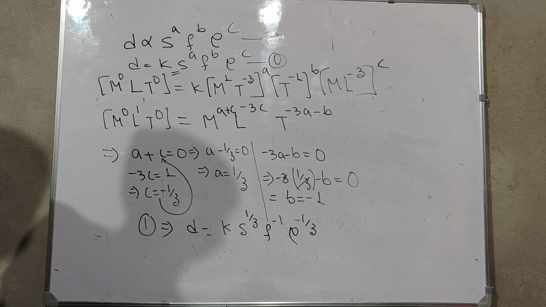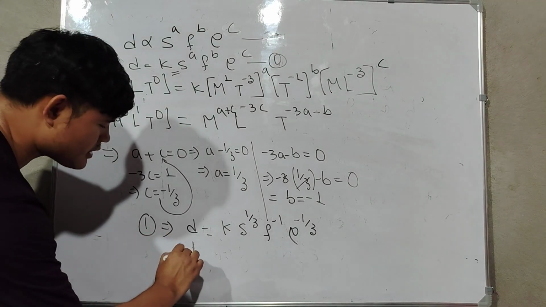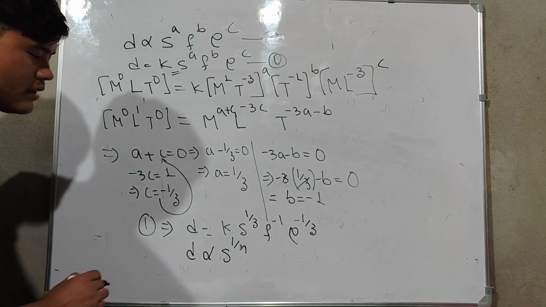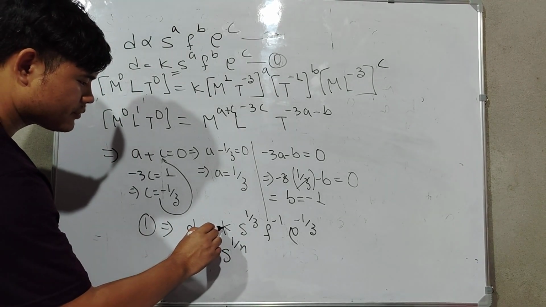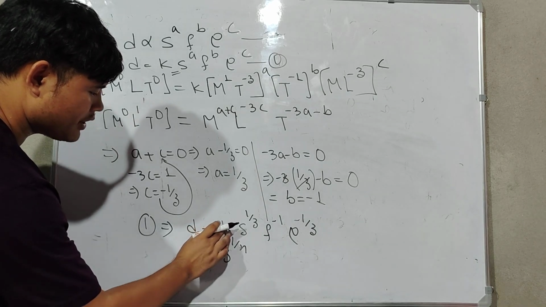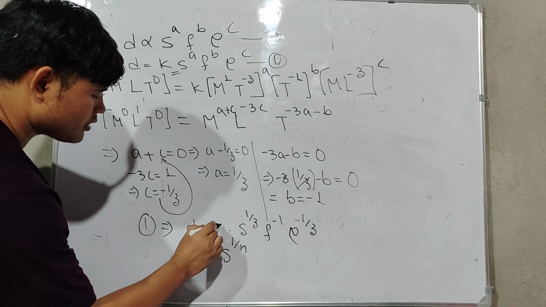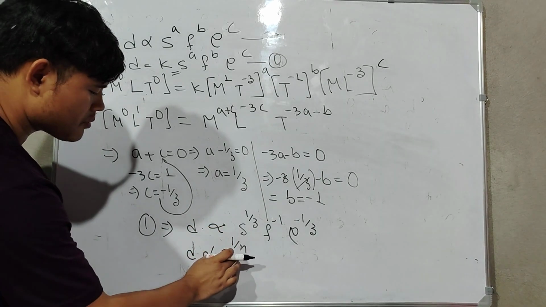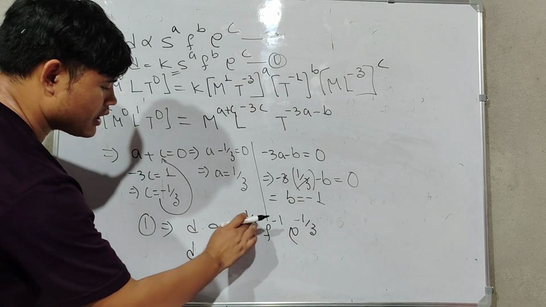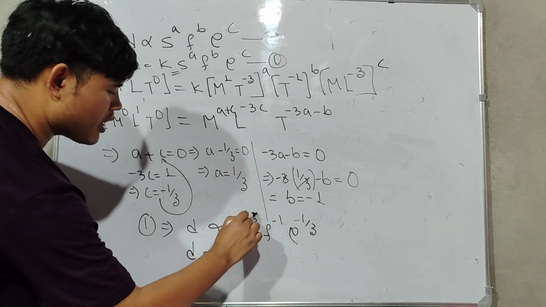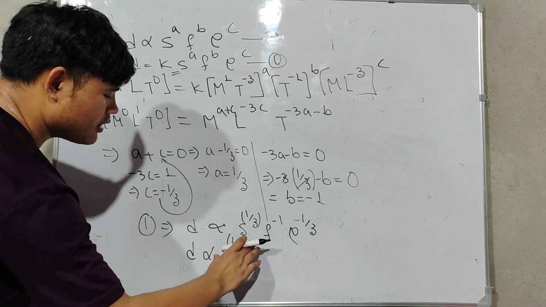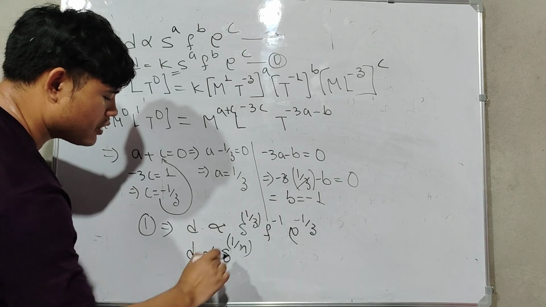Now in the question it was saying that D is directly proportional to S to the power 1 by N, right? So now here also, what did you get? If you remove this K, then this proportionality will come. So D is directly proportional to S to the power 1 by N, and D is directly proportional to S to the power 1 by 3. That means if you match 1 by 3 and 1 by N, N is equal to how much?